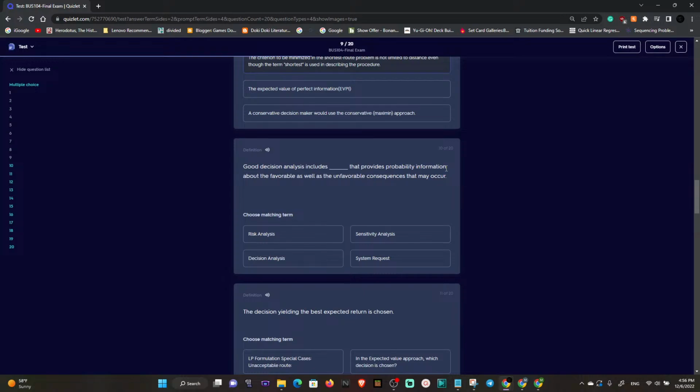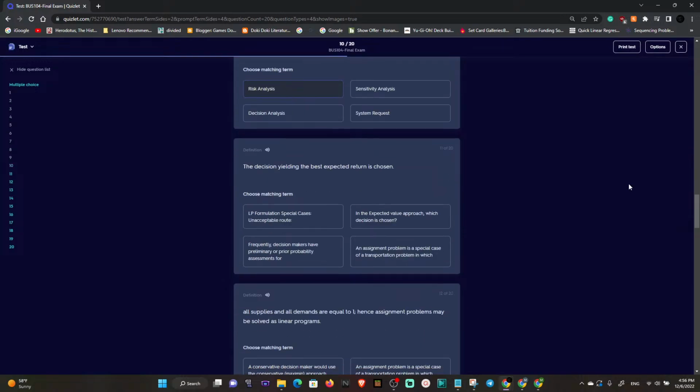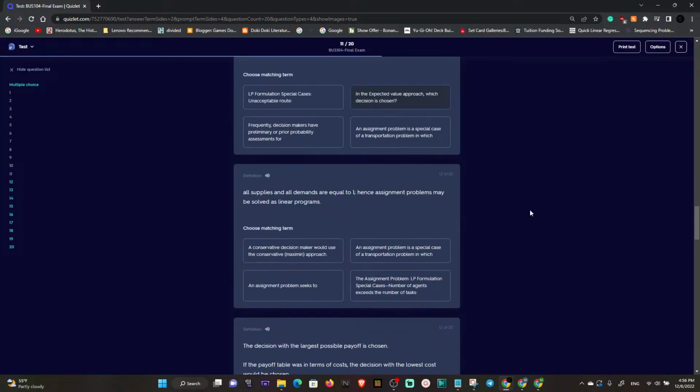Risk analysis, I guess. The decision yielding the best expected return is chosen. I'm gonna go with expected value approach. You're up.